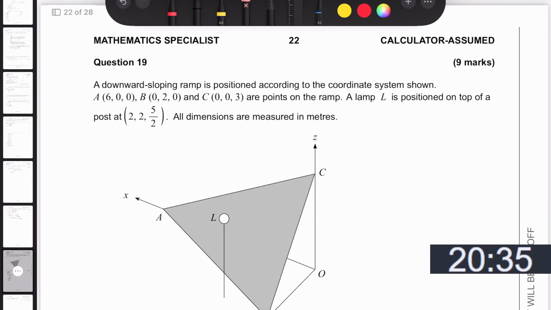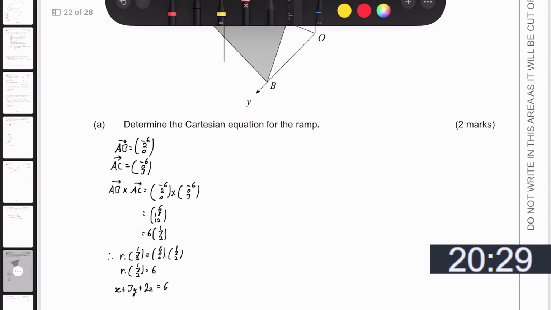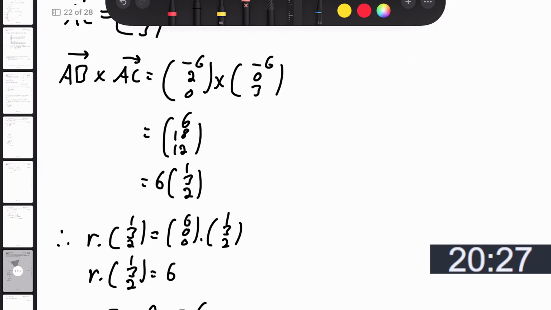So let's have a line whose direction is perpendicular to the plane, so it's parallel to the normal vector.